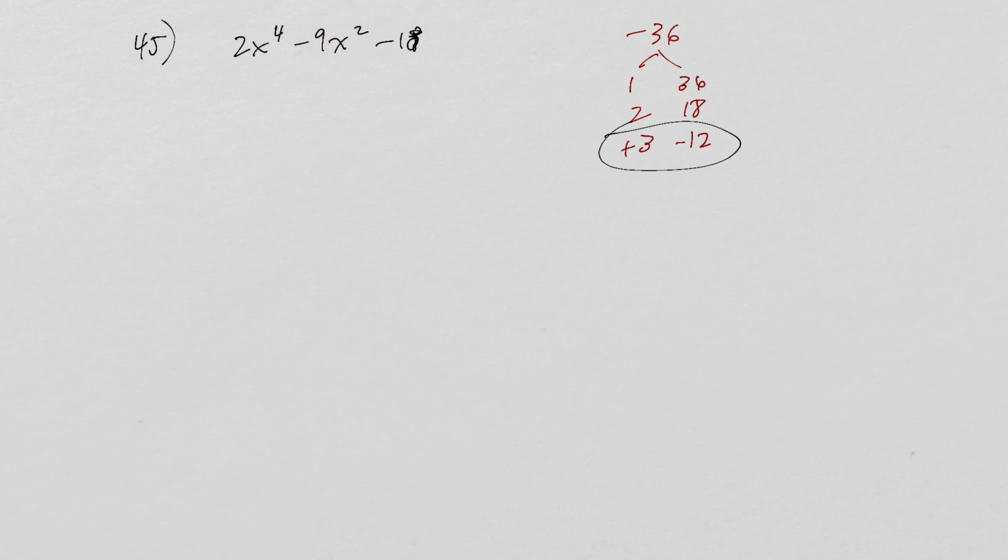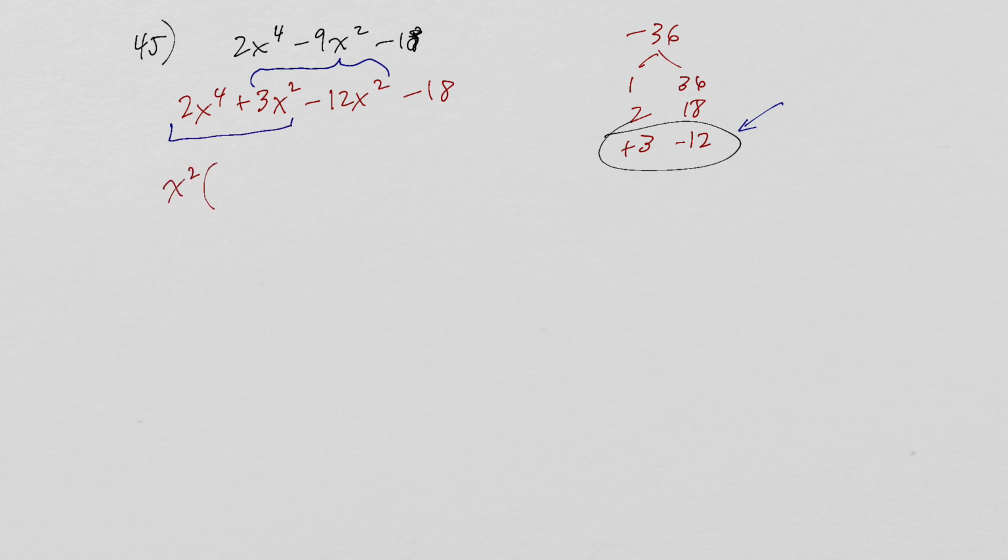So this middle term, I'm going to have 2x to the 4 plus 3x squared minus 12x squared minus 18. This is my 9x squared. I just broke it up based off of these factors. Then I'm going to factor those two by taking out an x squared. And we'll have a 2x squared plus 3.